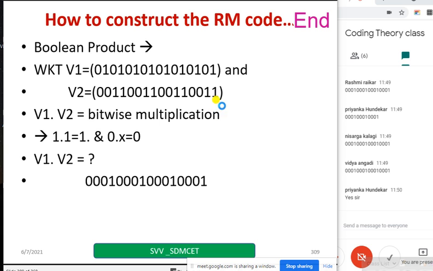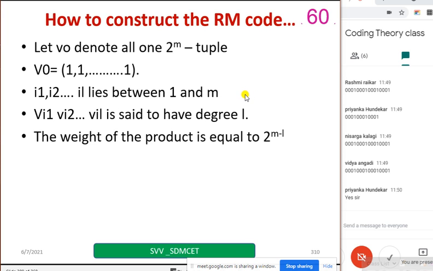Let us go to the next. How to construct the RM code? For that only we are discussing the rows of a G matrix. So let us consider V0 to denote all ones. Just copy down V0 equal to all ones, and we have V1, V2, V3, V4, and the remaining rows of the generator matrix we will discuss.